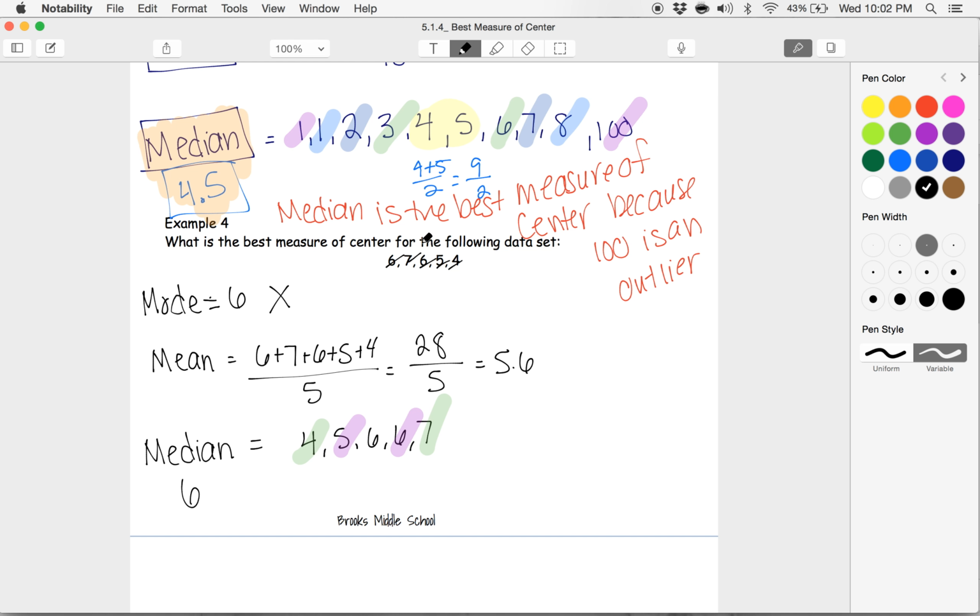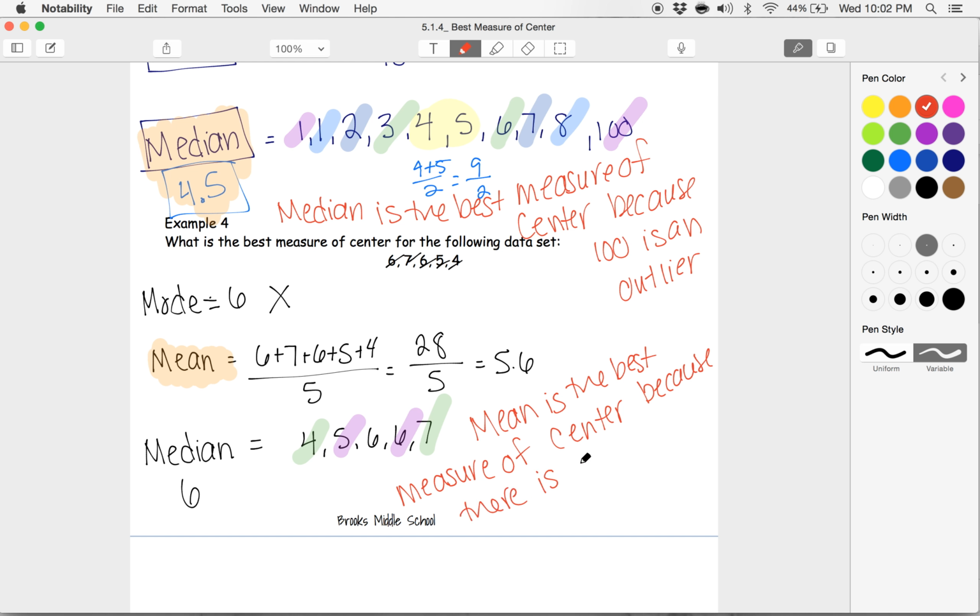And no, there is not an outlier. So, since there is no outlier, your mean is your best measure of center, because there is no outlier.